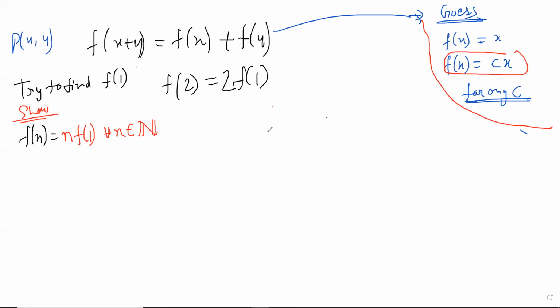Try for f of 3, maybe. So now we have a specific goal. We have 3 that we are looking at. How can you get it? What substitution can you make? You can just think of the substitution to make.